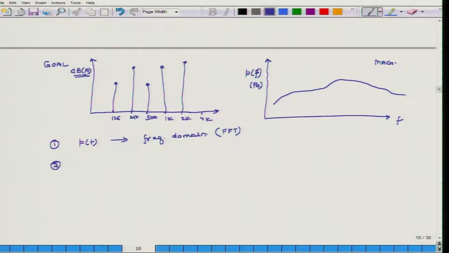The next thing is, let us call this graph G1, let us call this graph G2. So, here we are getting G2. Now, we convert G2 to G3. What is G3?